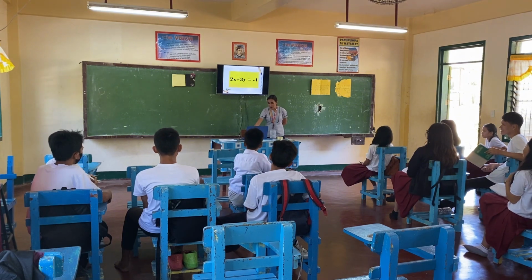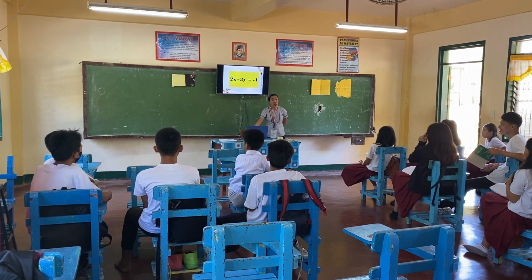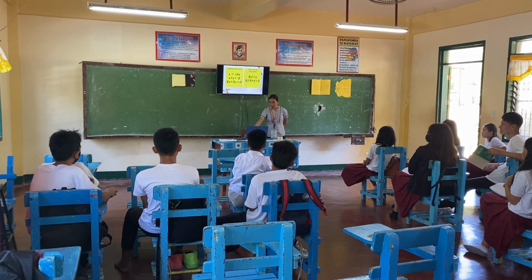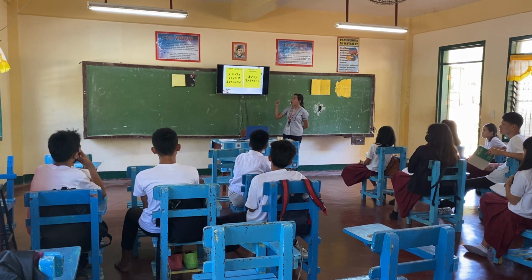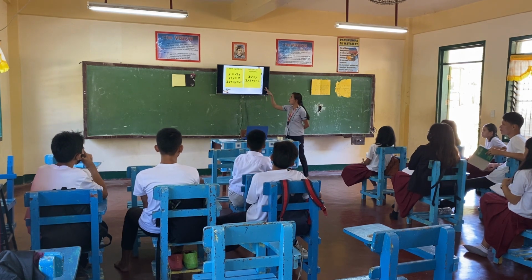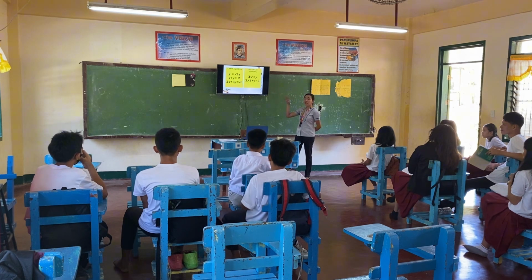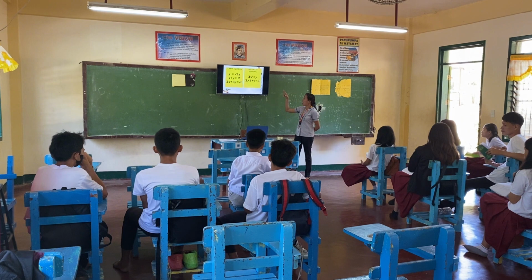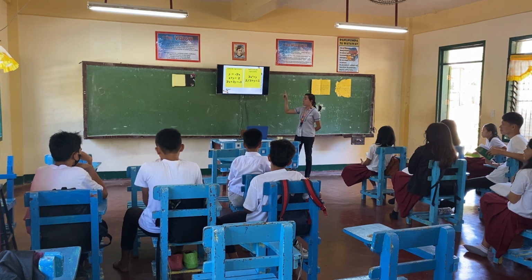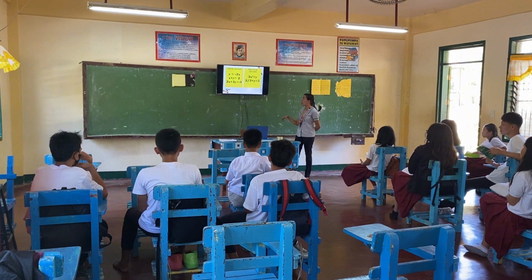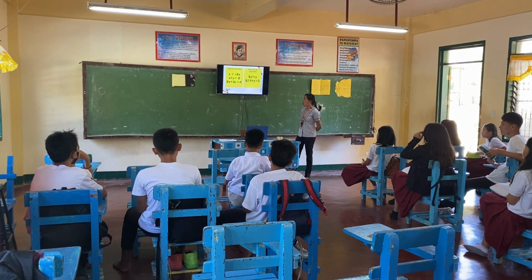So to sum it up, there are three kinds of equations that belong to linear equations. And then we have 3x squared equals y, and 2 squared plus y equals 5, which are not linear equations.